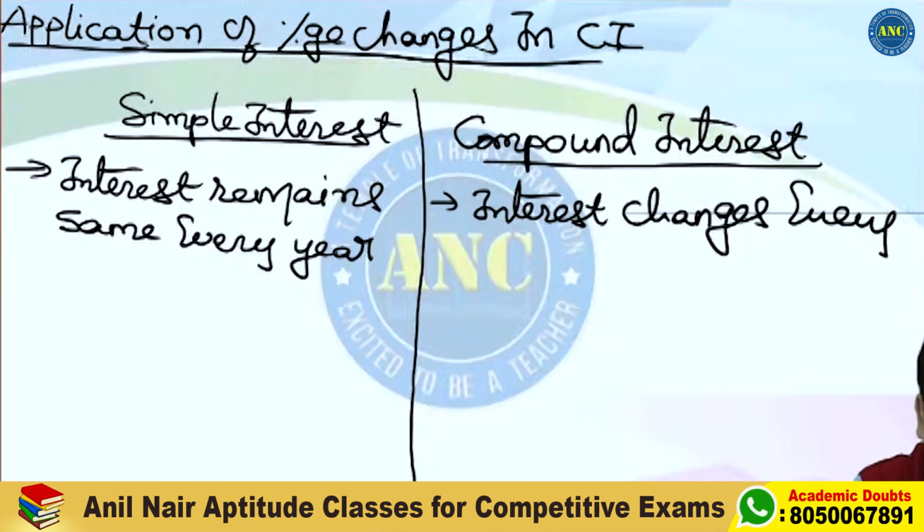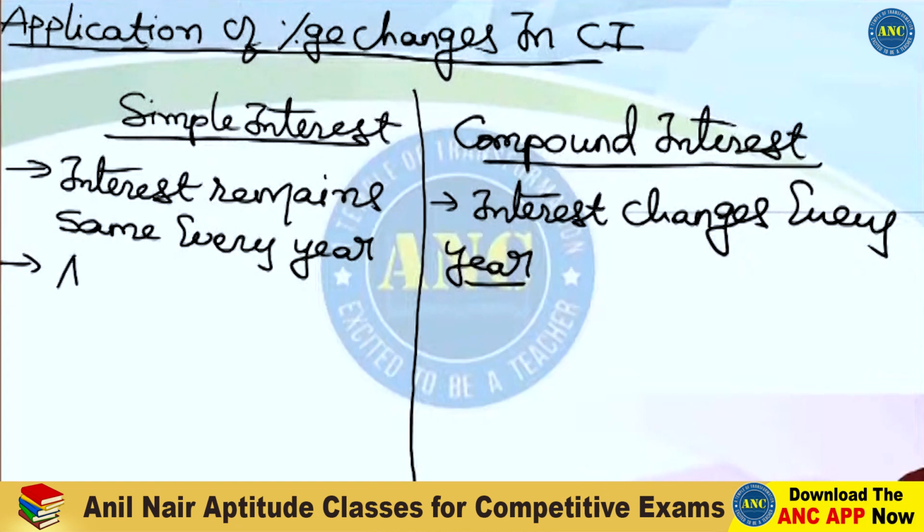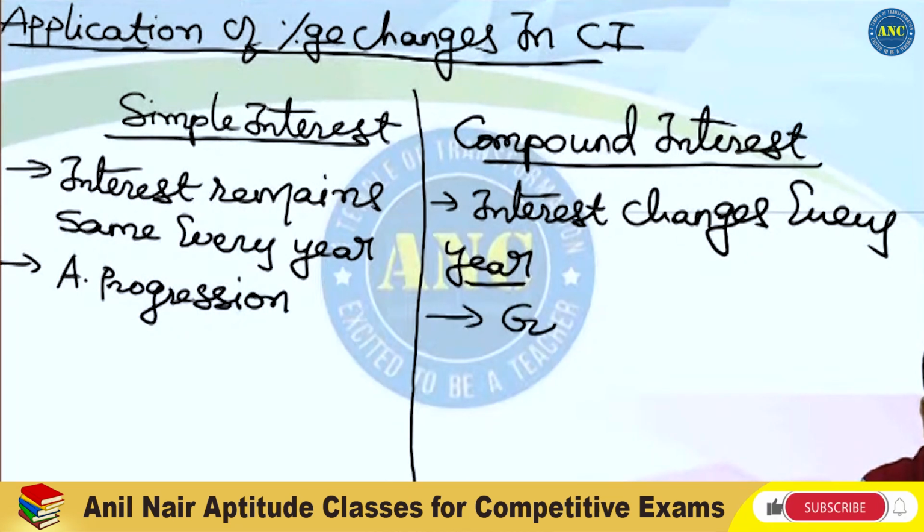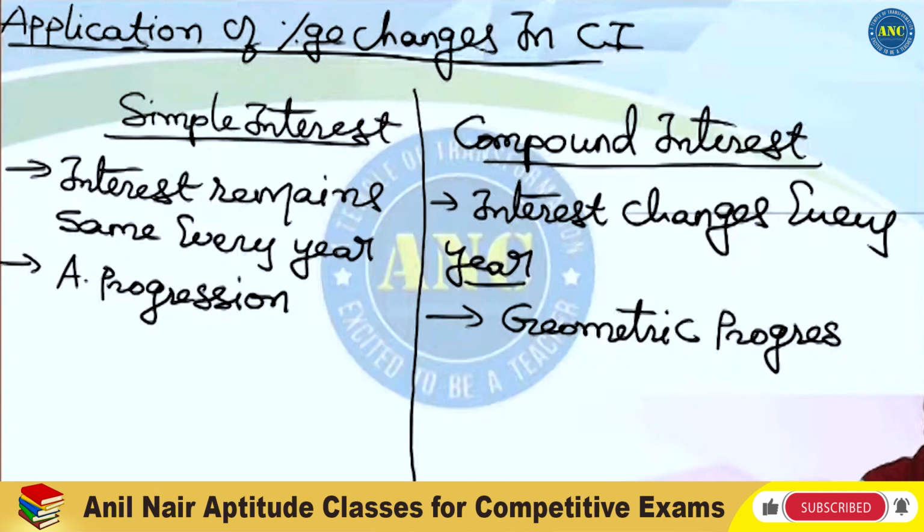Every year interest will change. Simple interest is nothing but an arithmetic progression. Compound interest is nothing but a geometric progression.